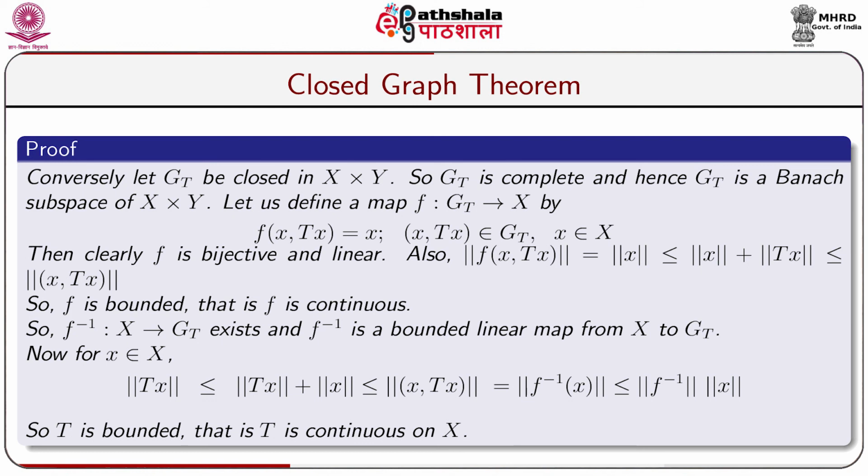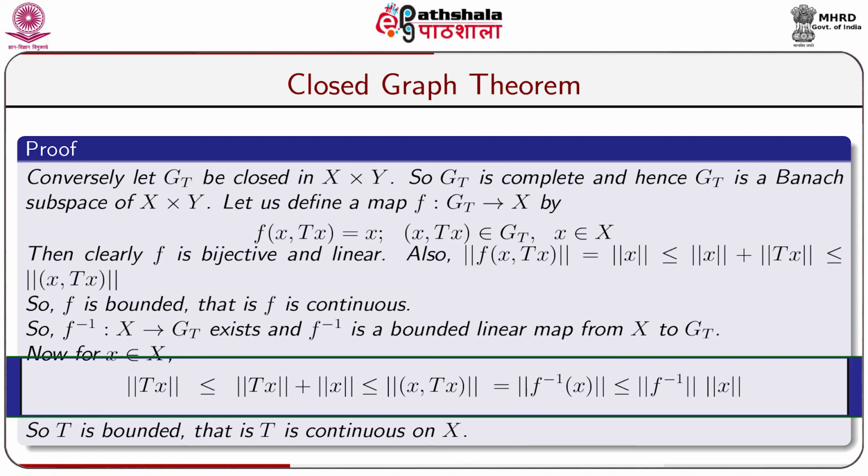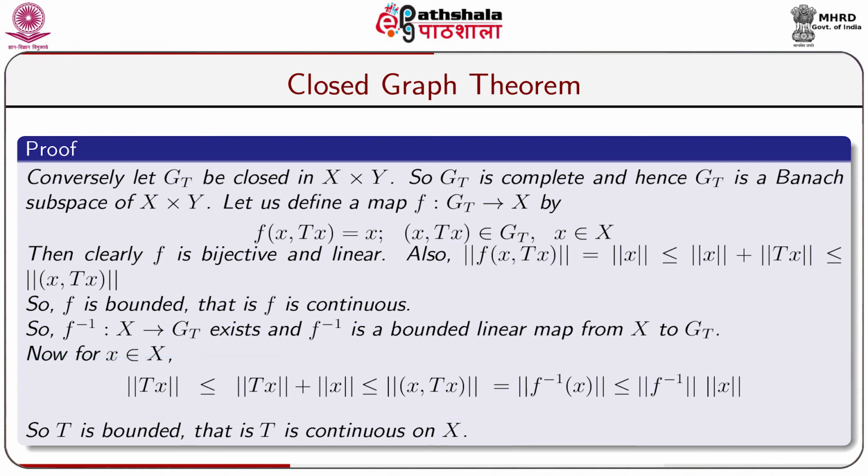Now, for x belonging to capital X, norm of Tx is less or equal to norm Tx plus norm of x, because norm of x is greater or equal to 0. Thus, norm of Tx plus norm of x is less or equal to norm of the pair (x, Tx), which is again equal to norm of f inverse x.